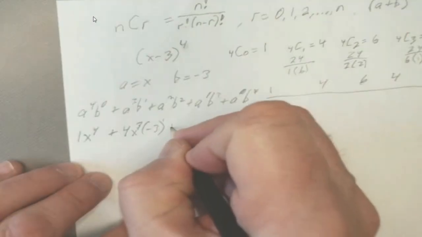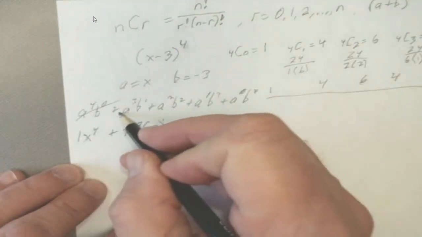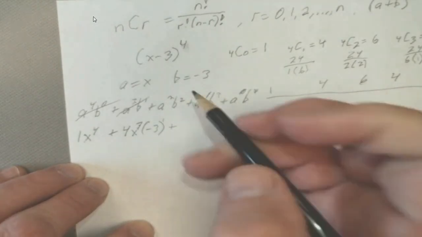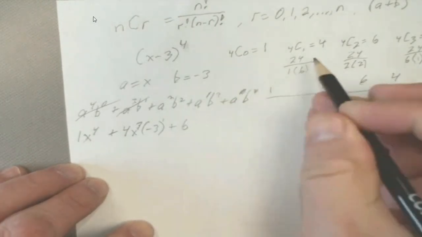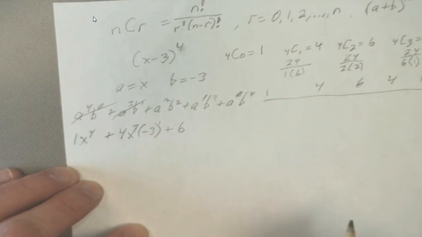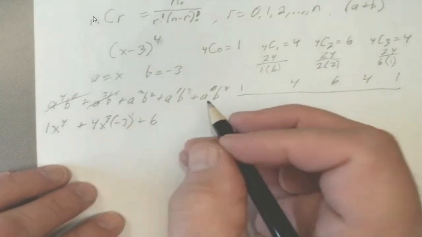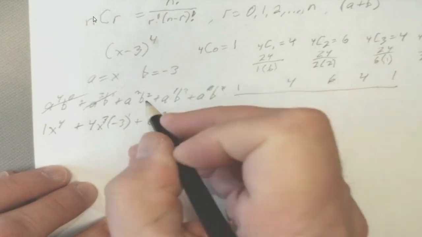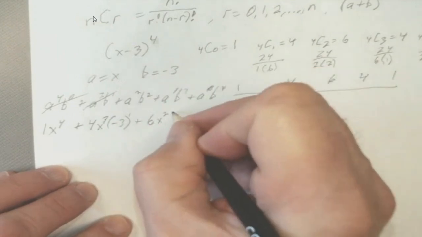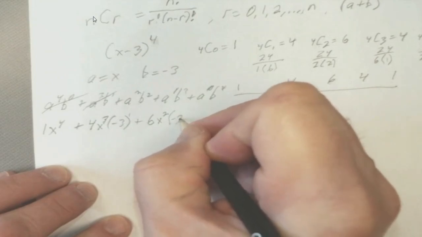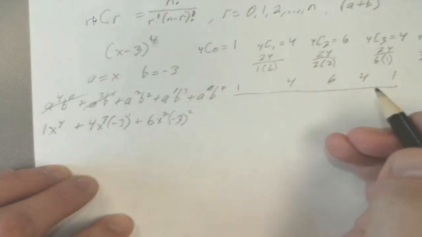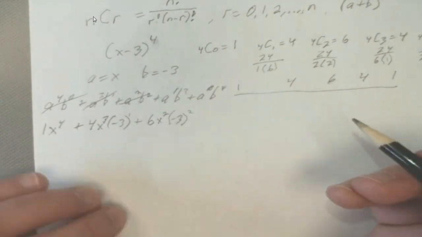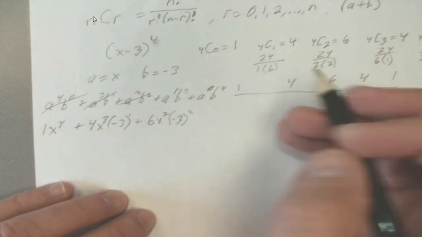Then the next term, we've done this term, we've done this term. This would have a coefficient of 6, according to the binomial theorem and according to Pascal's triangle. So with that 6, now we have a squared, x squared, and b squared, negative 3 squared. Okay, that's the third term. The fourth term would have a coefficient of 4.